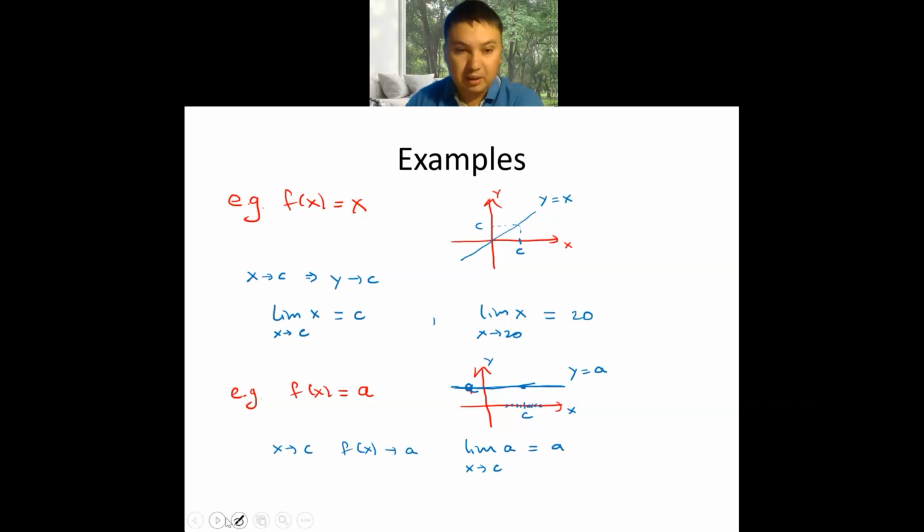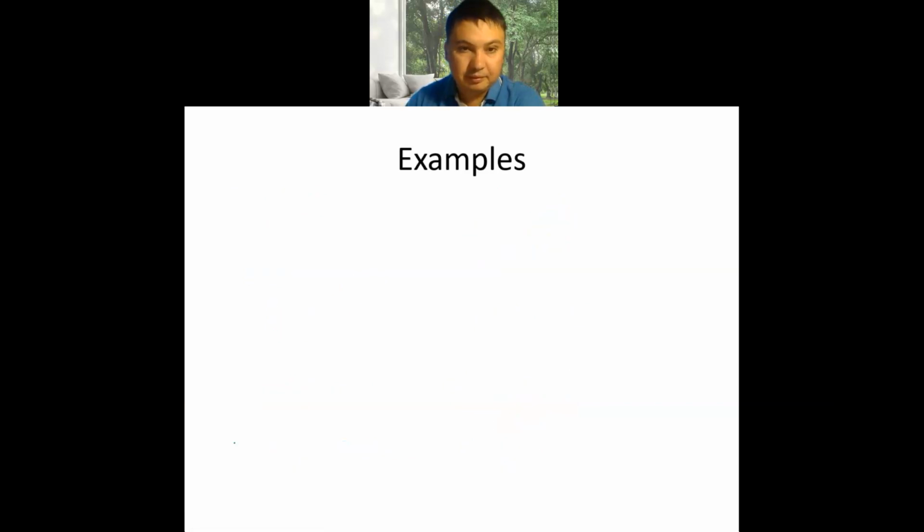How about a non-example? Non-example means cases when the limit doesn't exist. For example, you can pick f of x equal to 1 over x, and ask yourself, what is the limit as x goes to 0 of f of x?